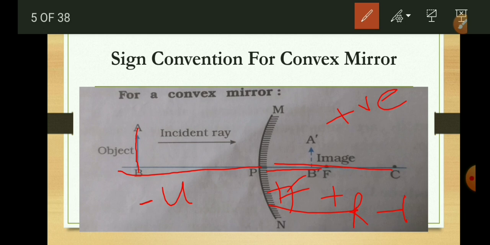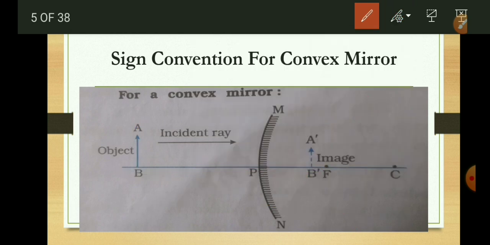In case of convex mirror, the image is formed behind the mirror. So the image distance is taken as positive. As we learned in the ray diagram and in the table also, in case of convex mirror, all images are formed behind the mirror towards the right side, and the images are virtual, so we take image distance as positive.